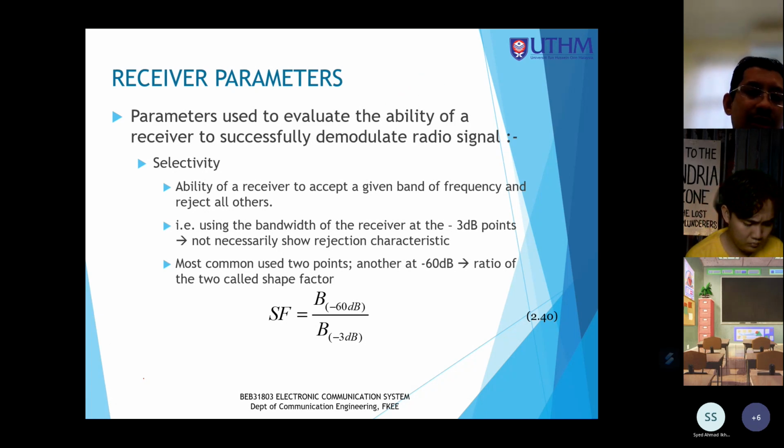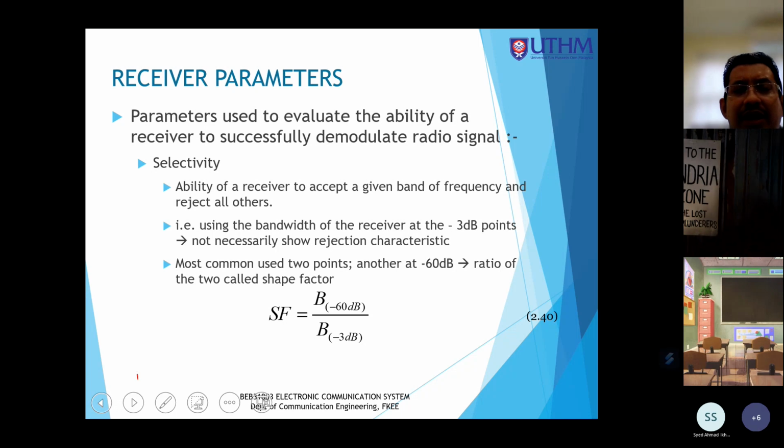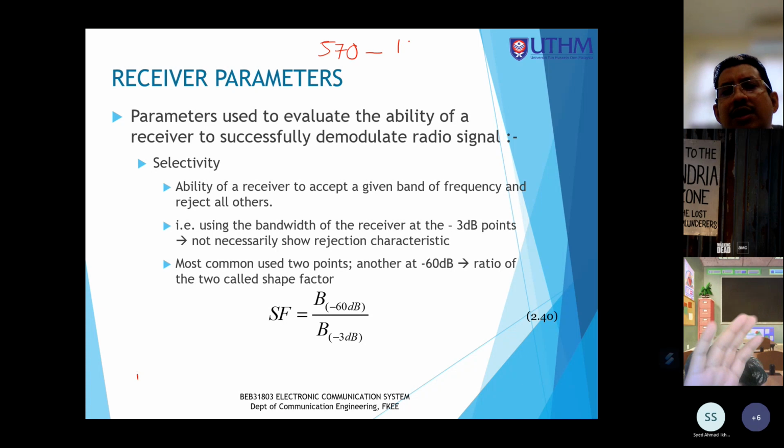Saya percaya kamu semua tak dengar pun radio frekuensi AM ini. AM ini berada pada julat 570, if I'm not mistaken, sehingga 1650 kHz.